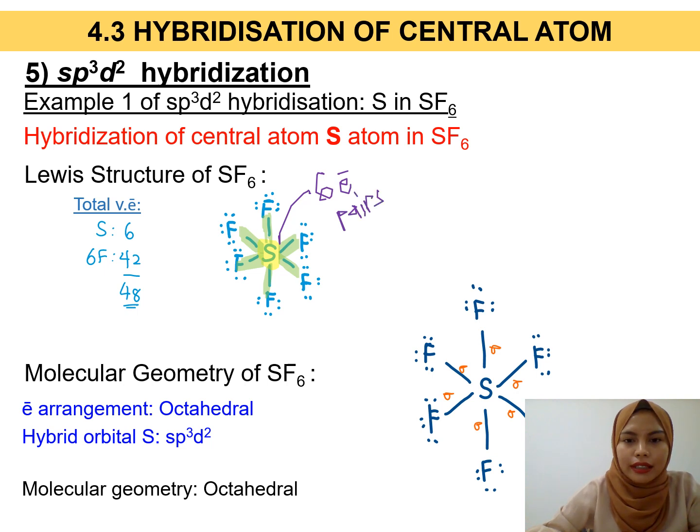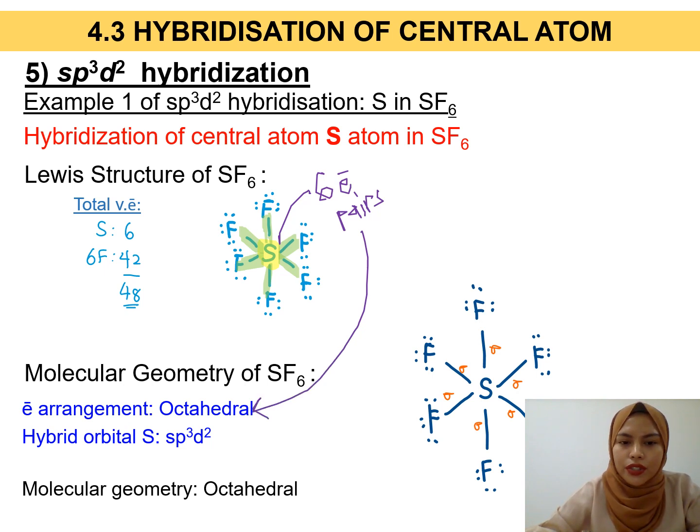So untuk central atom yang ada 6 electron pairs, dia punya electron arrangement dia adalah octahedral. So untuk central atom yang ada electron arrangement octahedral, therefore the hybridization type for the central atom will be sp3d2. Okay, so this is how you lukis betul-betul the molecular geometry for SF6. Okay, molecular geometry bentuk octahedral.